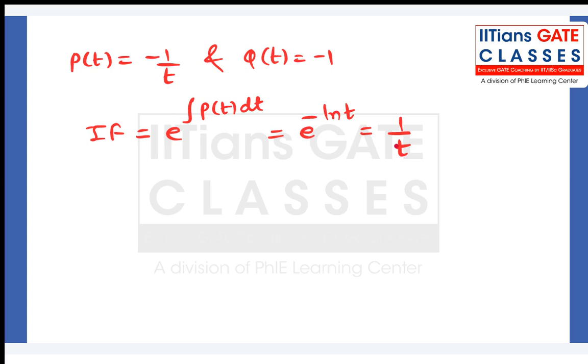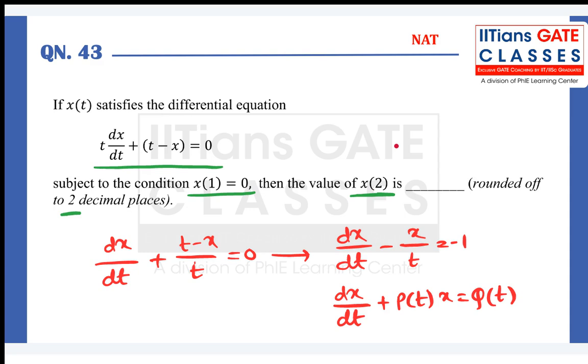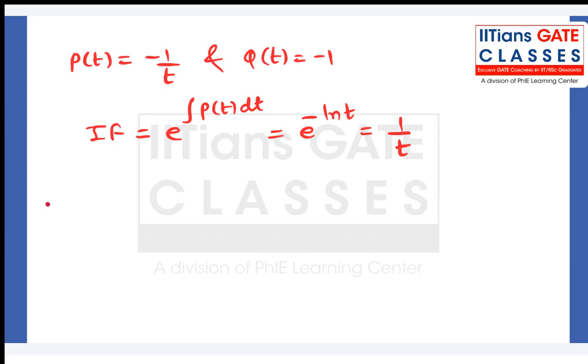Yeah, basically you multiply by this integrating factor to both sides of the equation. So if you multiply by 1 by t on both sides, because there is a direct formula also, but I don't remember that, so leave it, it's not required.